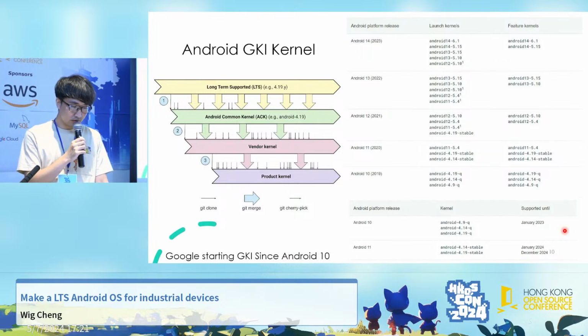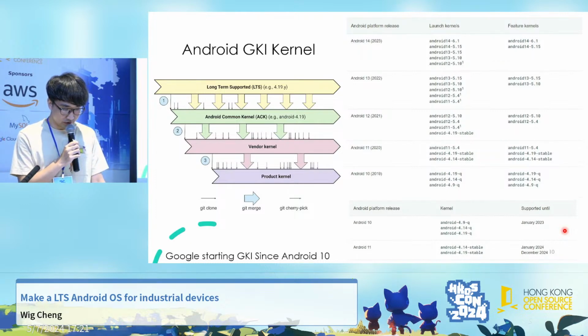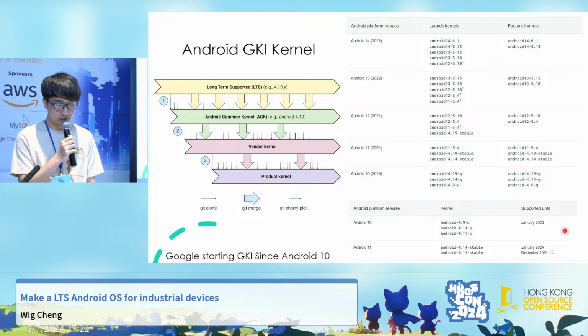And I would like to introduce another important feature in Android, the GKI kernel, starting from Android 10. Google wants to maintain their own long-term support kernel with Android-specific features.